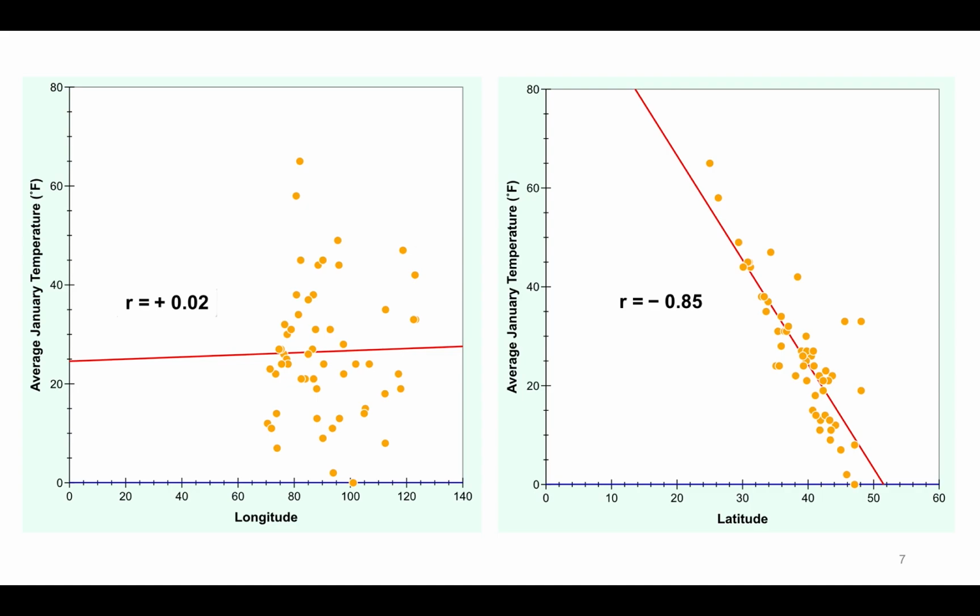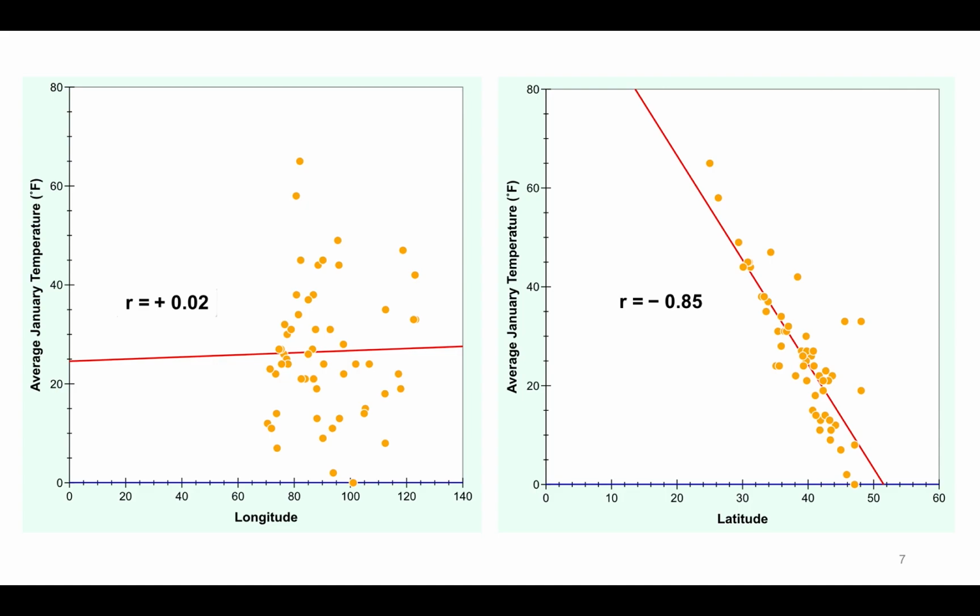So here are also some other examples. If we look at average January temperature versus longitude, so longitude is just sort of east-west around the world, there's really no relationship between temperature in January and whether you're on one side of the world or the other.